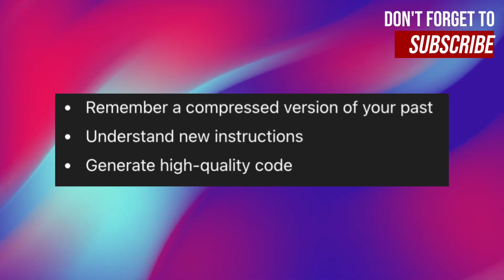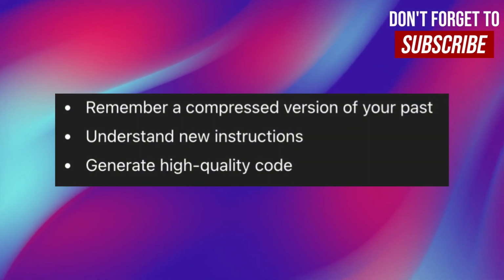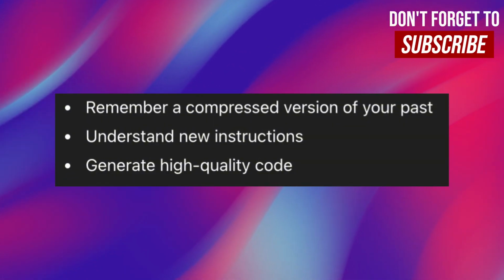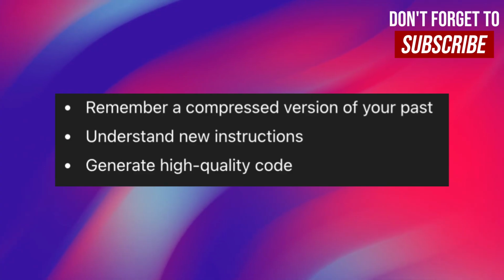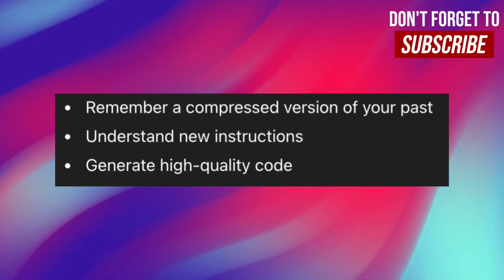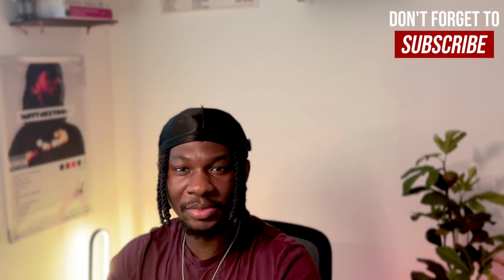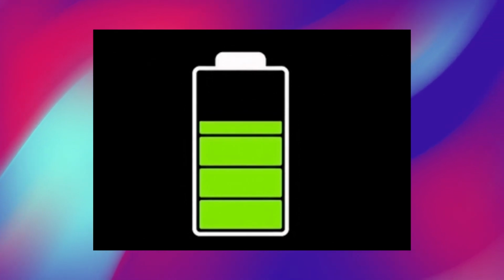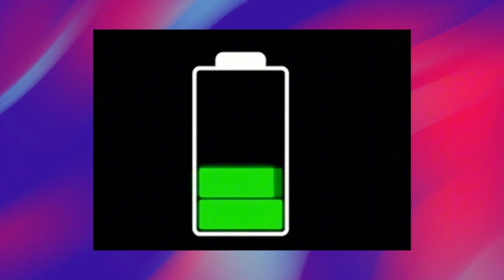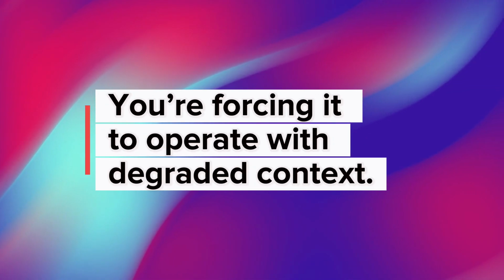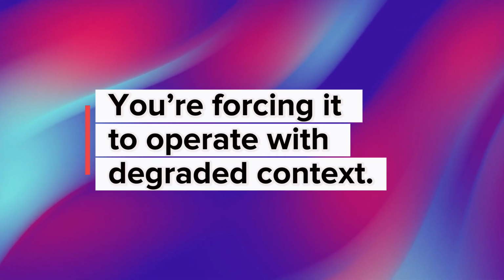So the model is now trying to remember a compressed version of your past conversations, understand new instructions, and generate high quality code, all at the same time. And this keeps repeating, compaction after compaction. That's why over a long session, the model starts to feel dumber. Not because it is, but because you are forcing it to operate with degraded context.